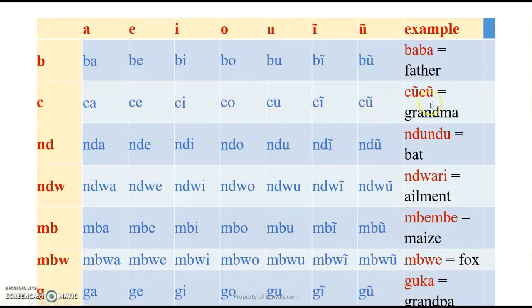There are some people who even say Cha, Che, Chi, Cho, Chu. All of those are acceptable. So Da, De, Di, Do, Du, and then all of the others. If you want to hear how they sound, just go to the previous video.